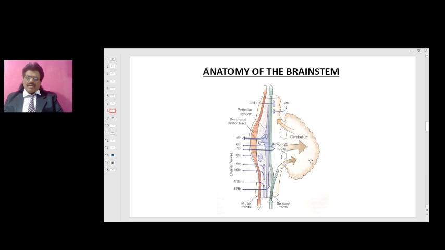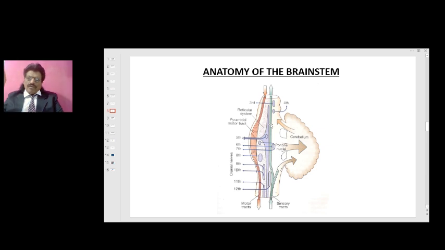A very important aspect of the cerebellum is that it is concerned with balance. How does it accomplish its activity? It is an important coordinator. It is an important comparator. It compares two important pieces of information. One, the intended movement.